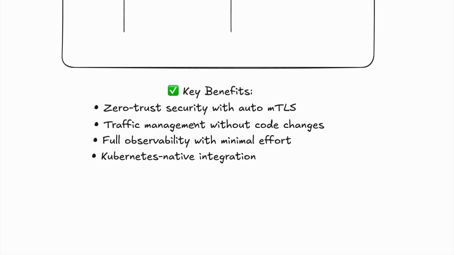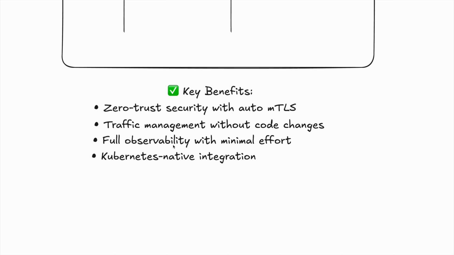The first key benefit is that we don't have to manually change the certificate, so we get zero trust security with the auto TLS. Also, we get traffic management without code changes, so we don't need to add any specific traffic routing, logging, circuit break, or retries logic to each microservice, and we can focus only on the business functionalities of the microservice.